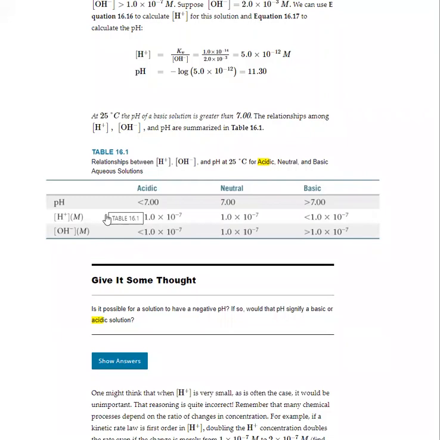This is talking about the concentrations for hydroxide and hydrogen. Remember that these concentrations can be used in order to find the pH. So if the hydrogen concentration is greater than 1.0 times 10 to the negative 7th, it's going to come out with a pH that's less than 7. It's going to be more acidic.